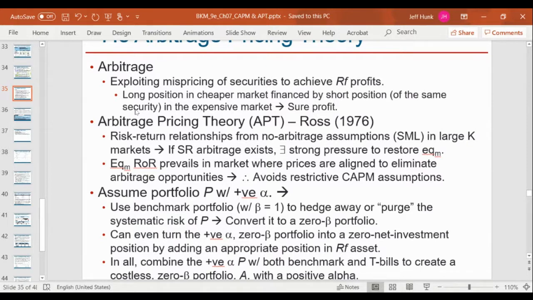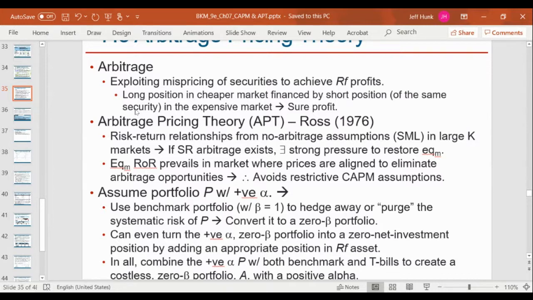So the example in the Fama-French model is like, short the growth stocks and invest in value stocks. They are two different securities, right? That's still arbitrage, but it's not perfect arbitrage because it's not risk-free.